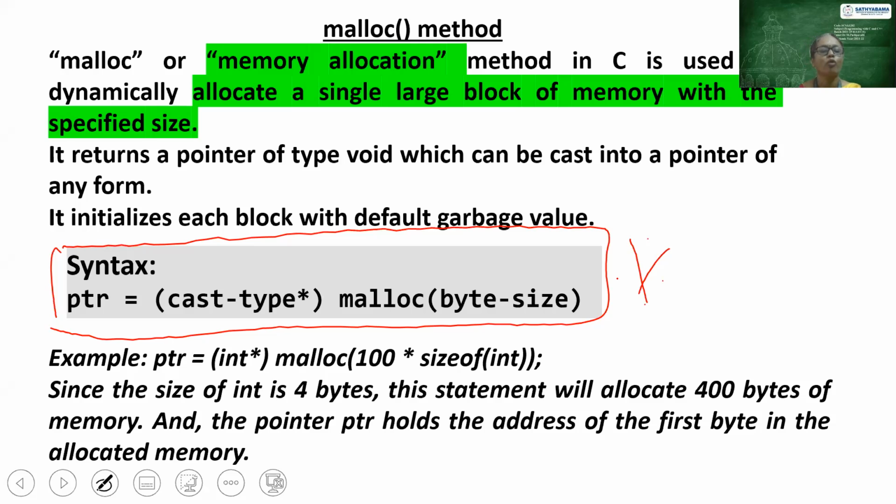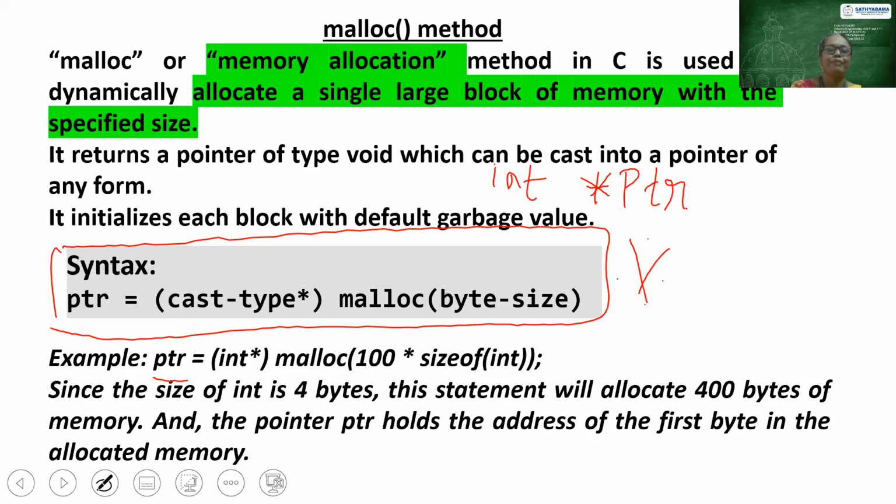Now, an example. While declaring my malloc function, I have to use a pointer variable. That's why ptr. You know that we declare int asterisk ptr; ptr is not a keyword.